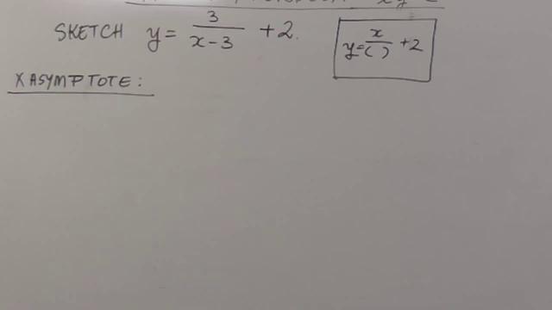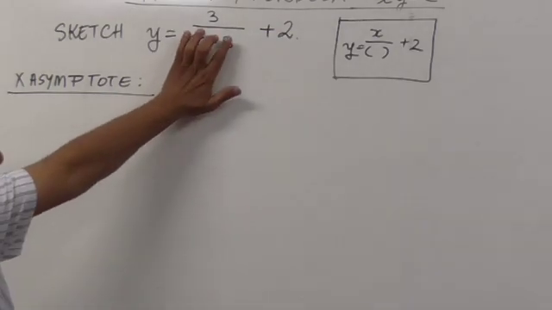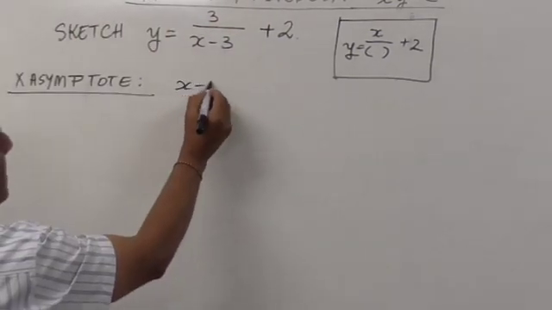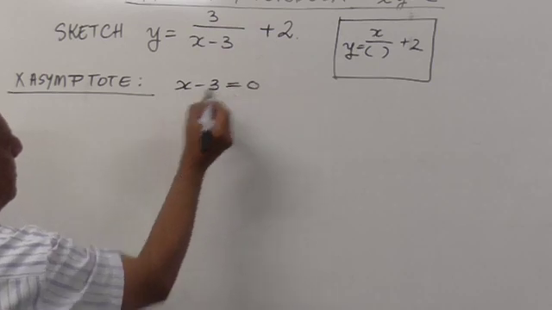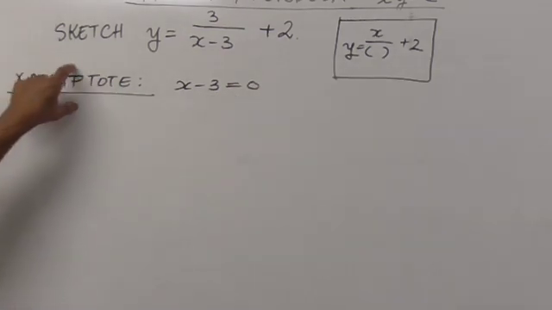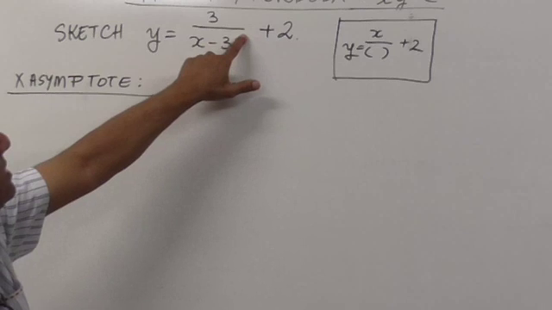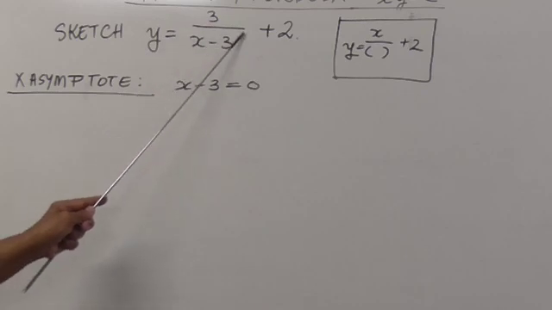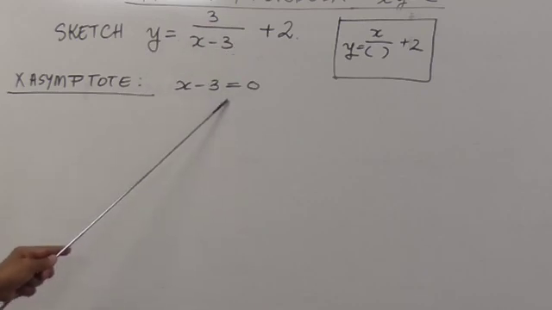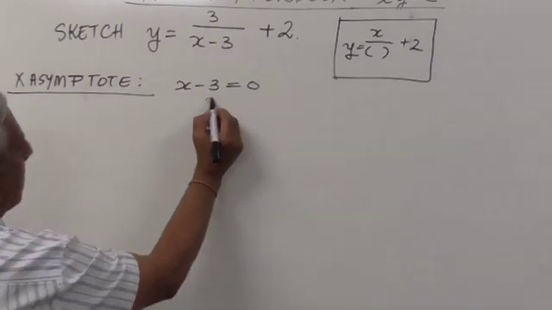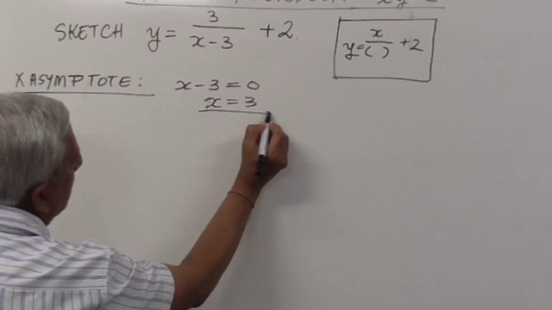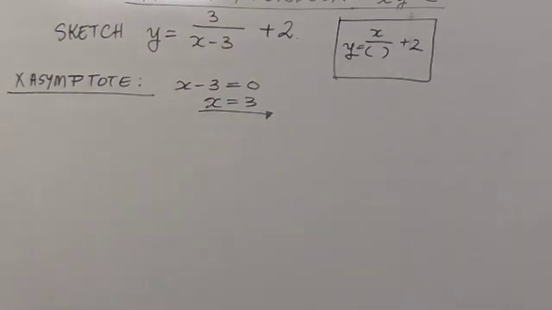If you want the x asymptote, all you do is take the denominator, x minus 3, and make it equal to 0. Take the denominator, make it equal to 0, and solve it. When you solve this, you'll get x is equal to 3. So there's your asymptote, x equal to 3.